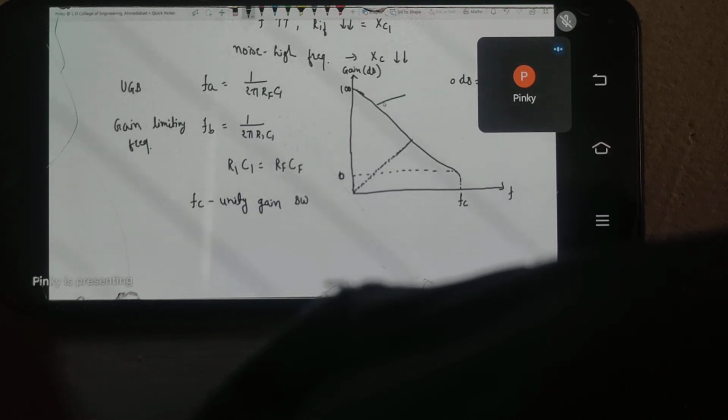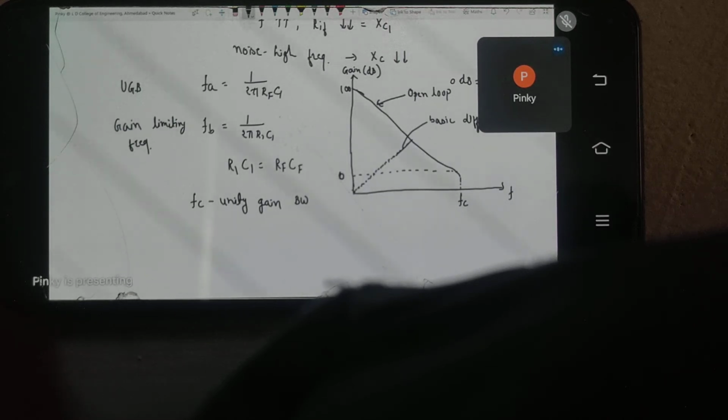This is the open loop response of this IC741. Whereas this one is the response of the basic differentiator.